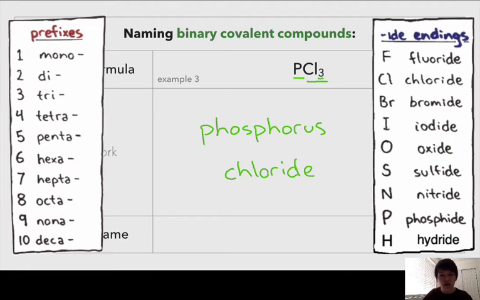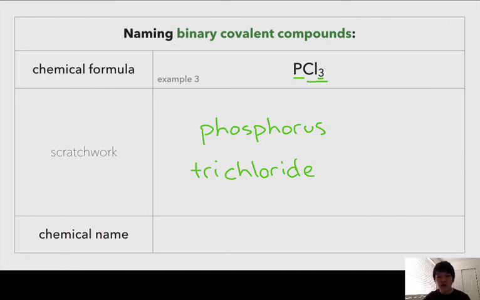There's 3 chloride atoms, and 3 has a prefix of tri. So we're going to put tri to indicate that there are 3 chloride atoms. Okay, so phosphorus trichloride. Let's check to see if this is right. Yes, it is. Excellent. Let's go on to our fourth example.